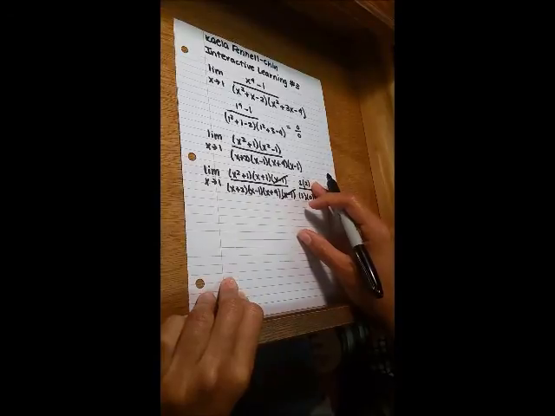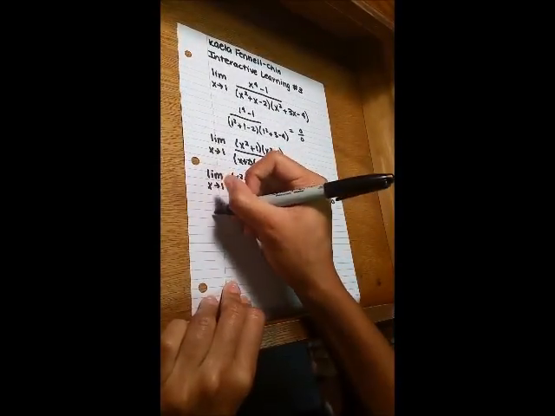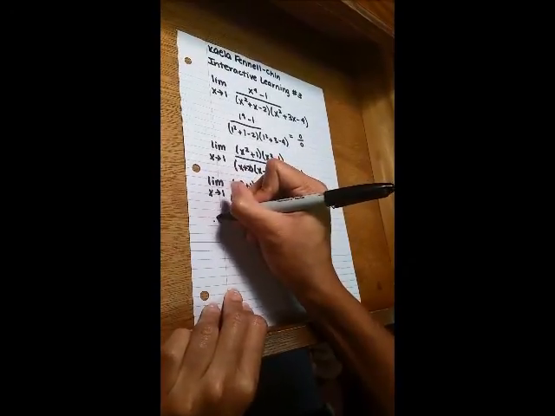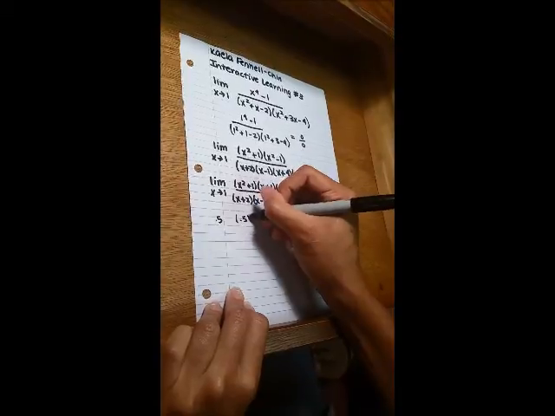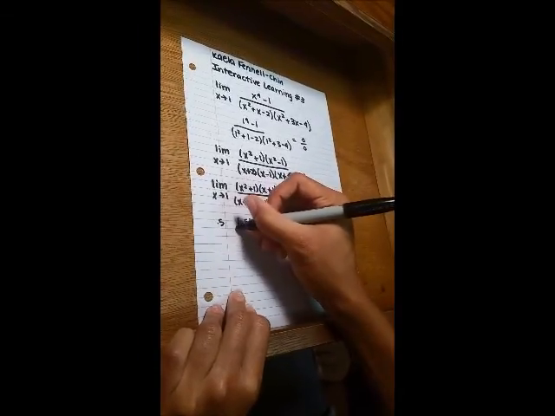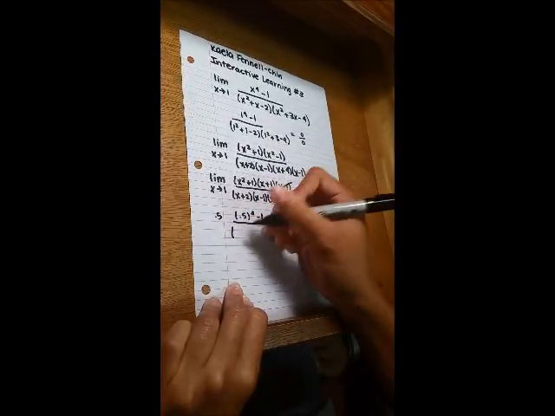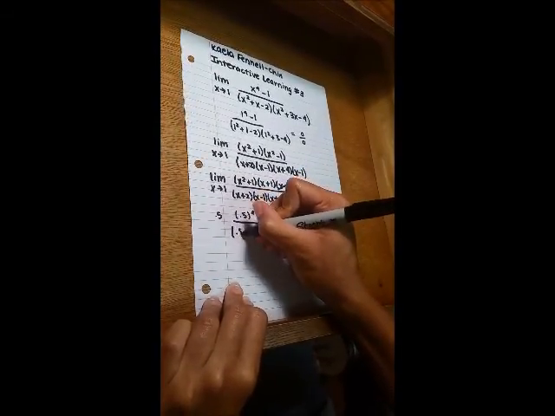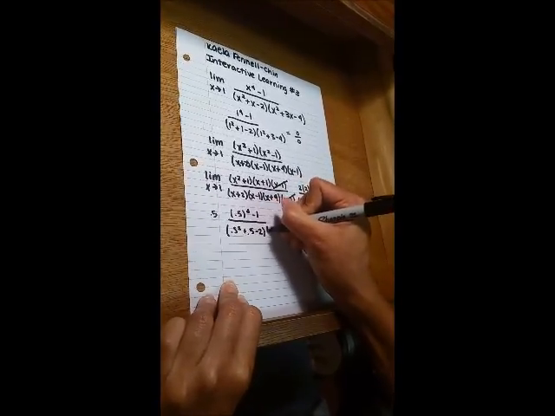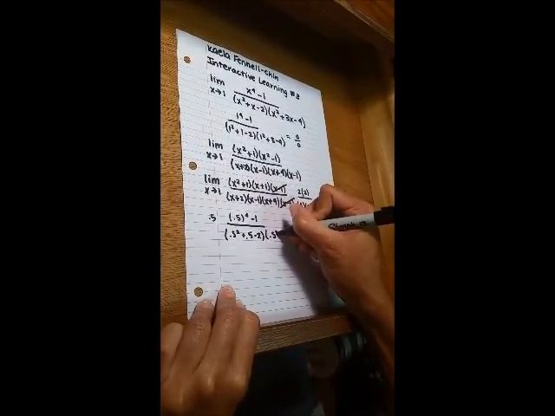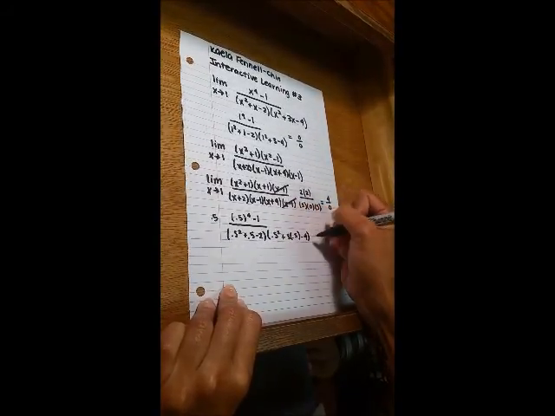So if we were to plug it in to our original, let's say we're going to use 0.5. So we're going to have 0.5 to the 4th minus 1 over 0.5 squared plus 0.5 minus 2 over 0.5 squared plus 3 times 0.5 minus 4.